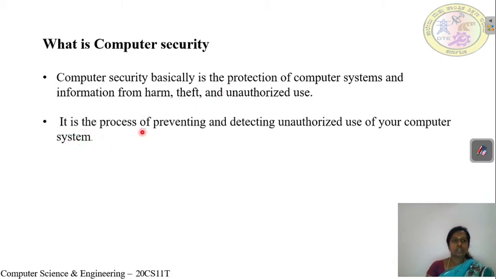It is a process of preventing and detecting unauthorized use of a computer system, that is, avoiding and detecting people who do not have any permission to access the computer system.